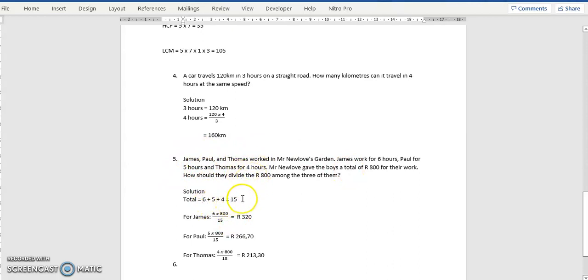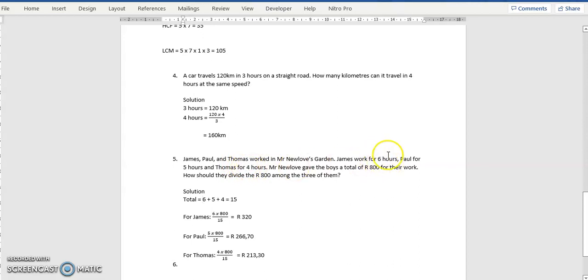And this one gives us what? 15. Then we want to calculate the amount that James must have. Let's look at James, because the question says James, Paul, Thomas. So the first one, 6 hours, is for James. 5 hours is for Paul, and Thomas is 4 hours.